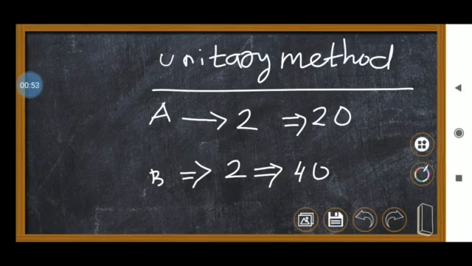I want to find the price they are spending for one chocolate, each person, A and B. For A, for one chocolate, how much did he spend, and for B, for one chocolate, how much did he spend?